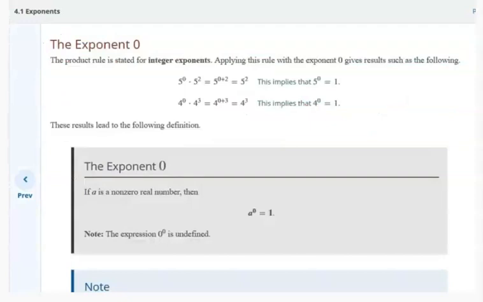Going on to background now, the rule for the exponent of 0. So if you have a number like 5 to the 0 power, what does that equal? Well, generally speaking, anything to the 0 power is 1.